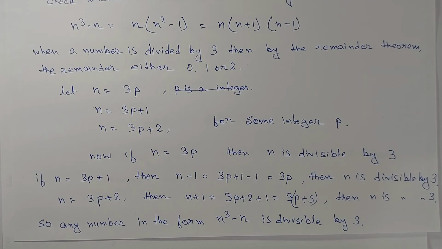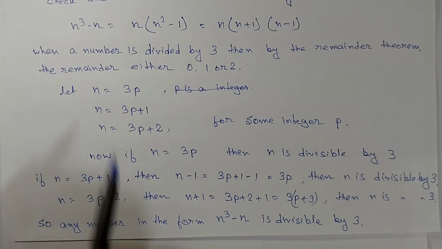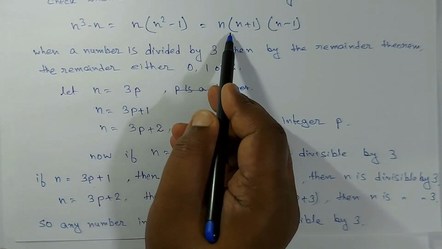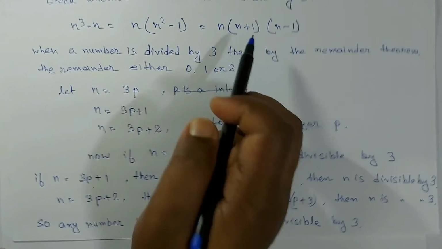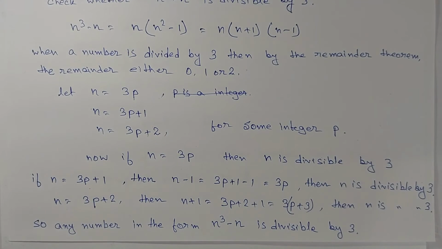Okay, that we have seen. See here, n cube minus n in factorization is n into n plus 1 into n minus 1. Now all the terms are divisible by 3, or at least one of them is.